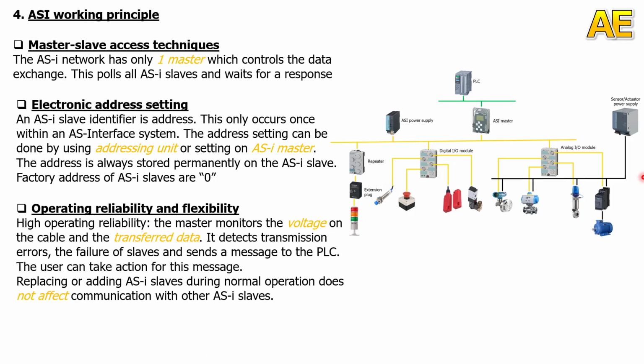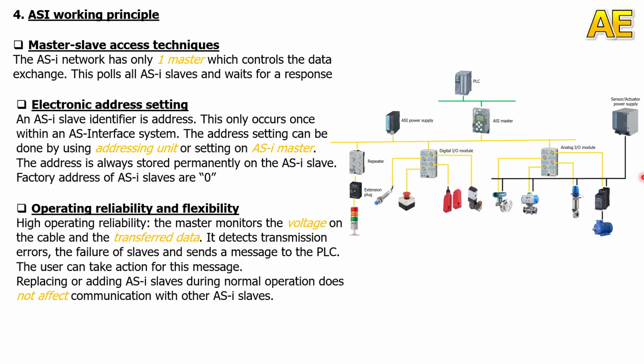The third one is operating reliability and flexibility. For high operating reliability, the master monitors the voltage on the cable and the transferred data. It detects transmission errors and the failure of a slave, and sends a message to the PLC.